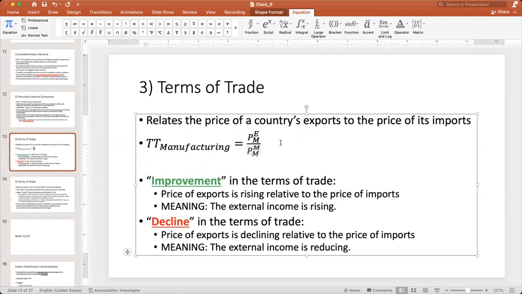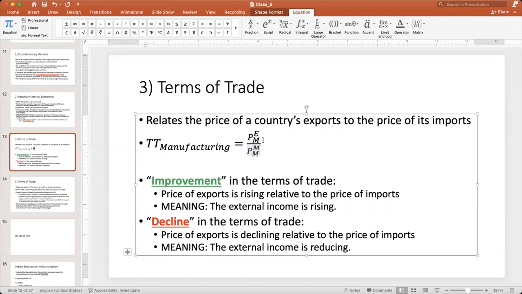This is the way that economists define terms of trade. If there is an improvement of the terms of trade, it is because the price of the exports of these types of products is rising relative to the price of the imports of these types of products. So what is the meaning of that?